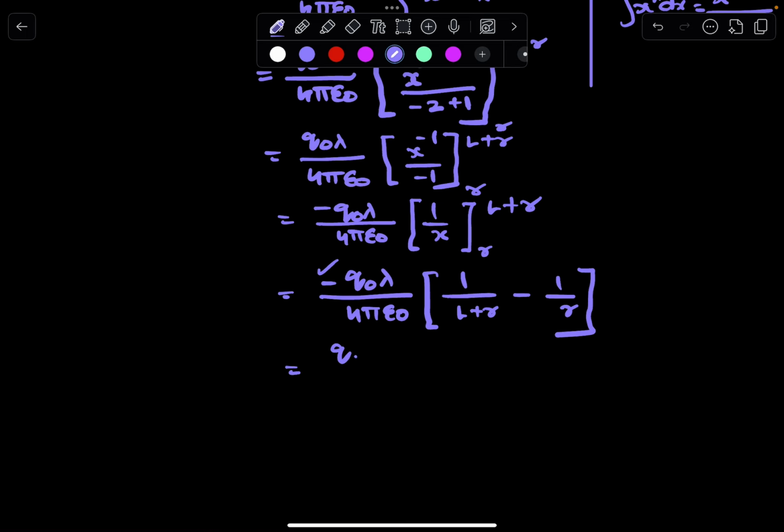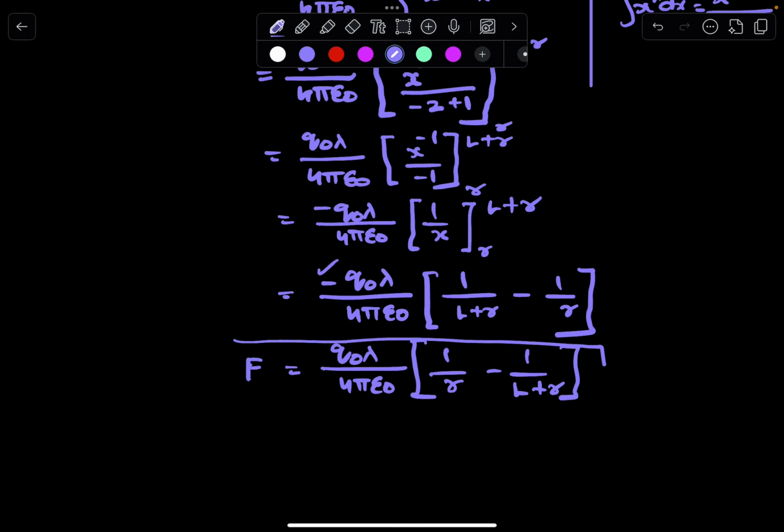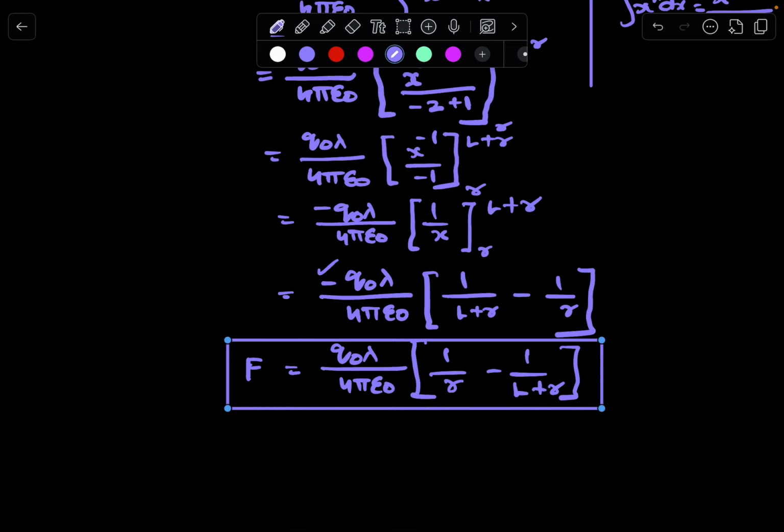So q naught lambda by 4 pi epsilon naught into 1 by r minus 1 by L plus r. Okay, so this is the total force acting on the rod. I hope you understand. Thank you so much.